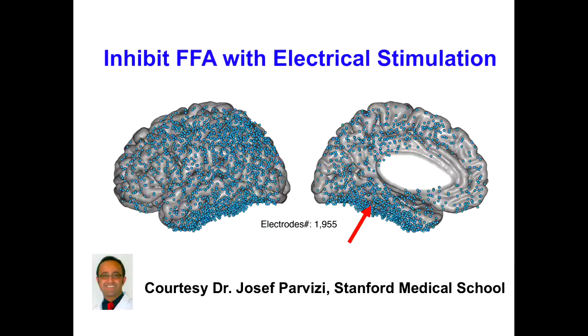This is a patient being monitored for epilepsy, from his cohort of many patients. 2,000 electrodes is not what a typical patient has; they may have 80 or 90 or 100. This is where the fusiform face area is, and he said, suppose I go in and disrupt it, shut it off with electrical stimulation. What happens to a normal person? The person's normal except for the seizure disorder. So what happens?